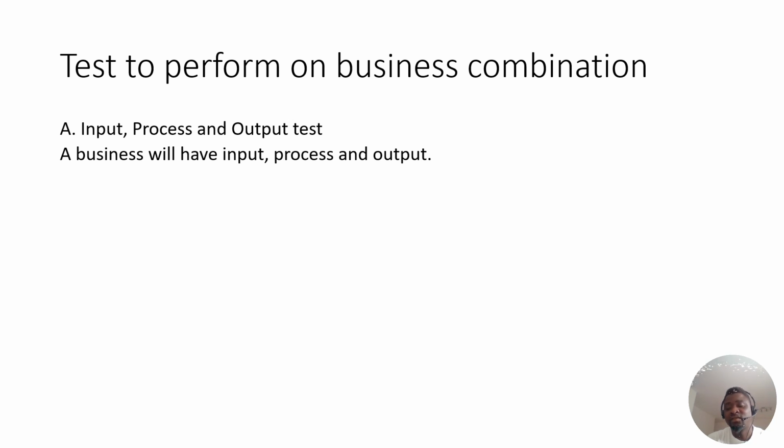Let's look at a typical organization. When you acquire an organization, it means that organization has a series of inputs like assets, let's say PPE, for instance, property, plant, and equipment, inventories, and others.